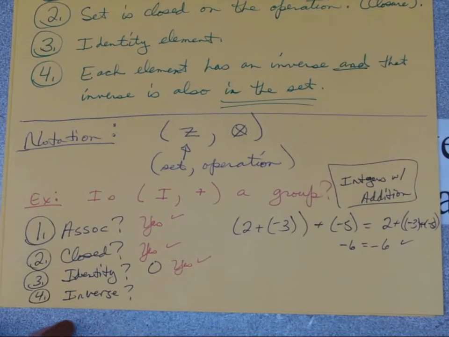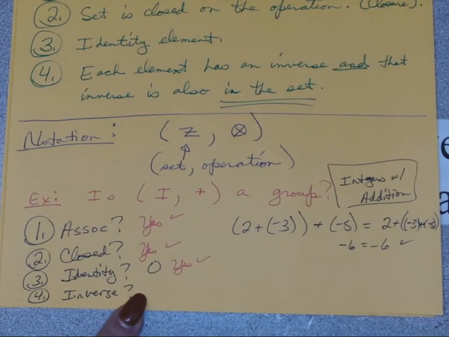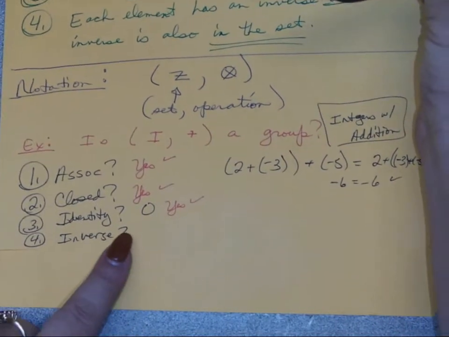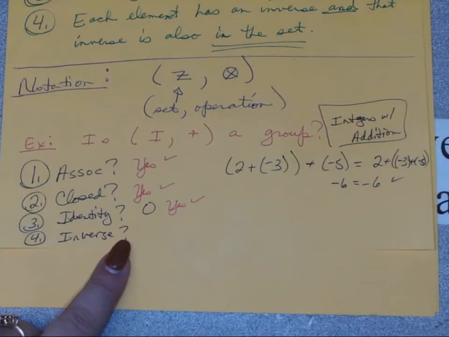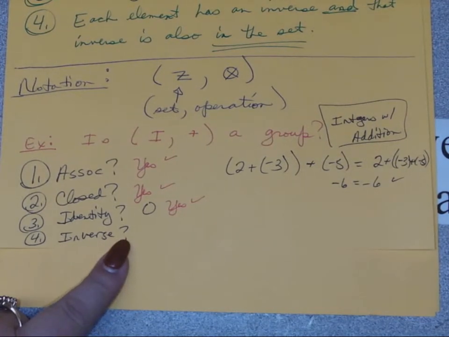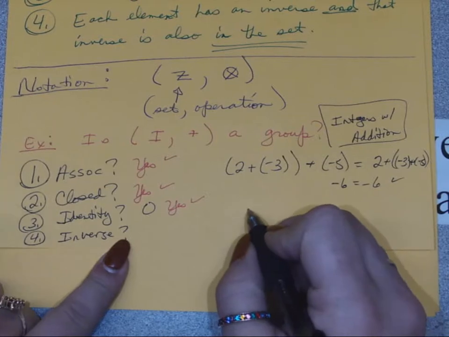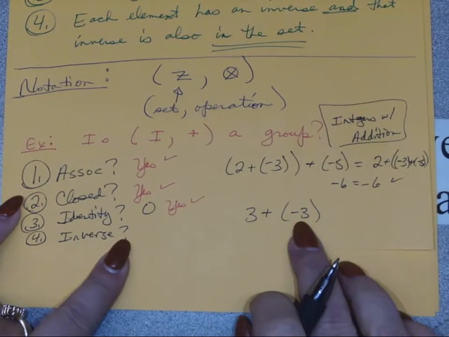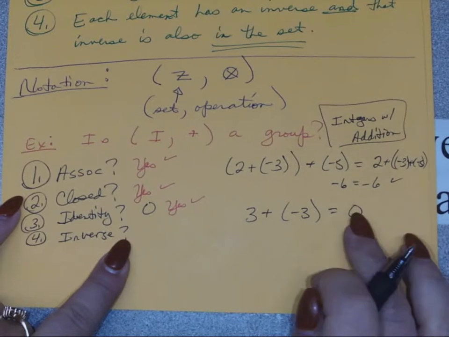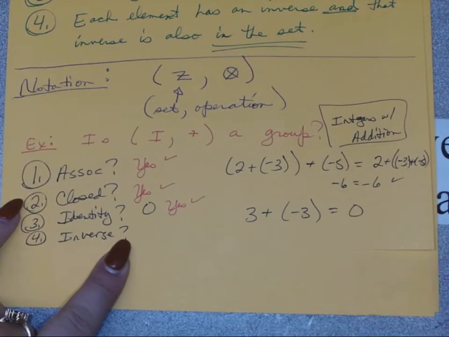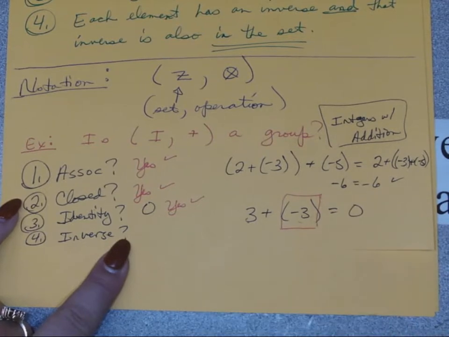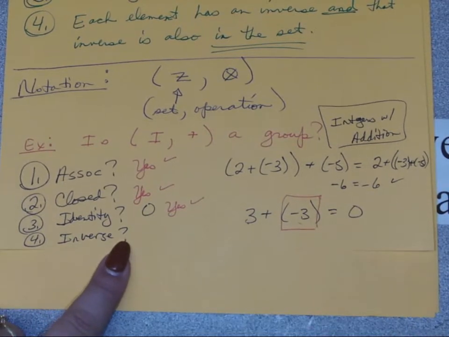And be careful: is that inverse in the original set that we started with? The inverse has to be closed into the set with me. So for addition, if I had 3, then his inverse was -3. That got me the 0 back, right? And the question is, is this inverse for that original integer also an integer?